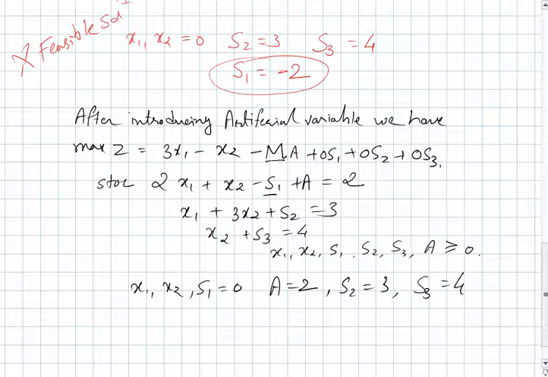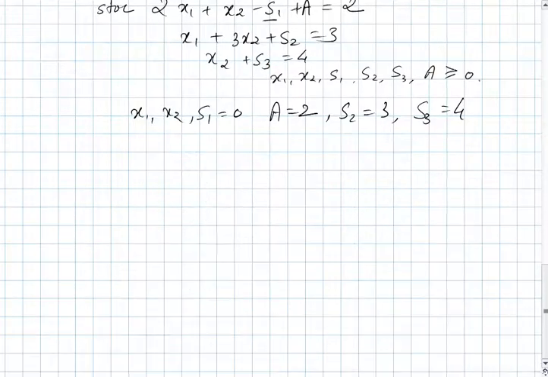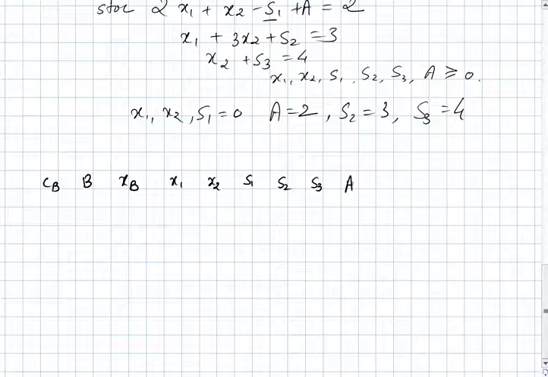Okay, so using that we are making the initial table. For the initial table we will have values of CB, meaning coefficients, then basic variables, its value, then first variable, second variable, s1, s2, s3 and your artificial variable.